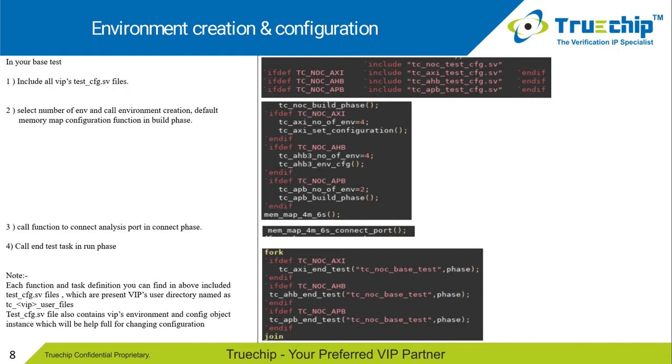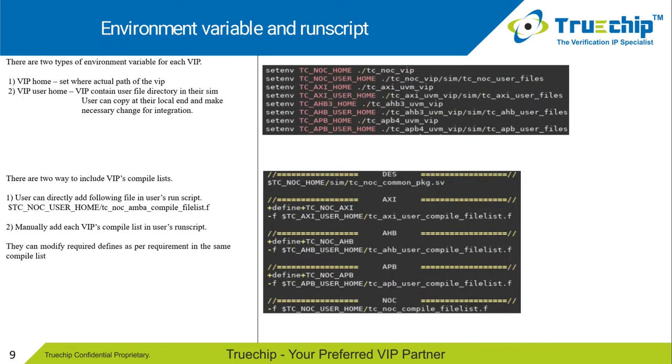In the connect phase, user can call this function for connecting analysis ports of the VIPs, and in the run phase they can call the end test task for confirming all the transactions have been completed from the interface. Now step 3 includes environment variables and the run script.